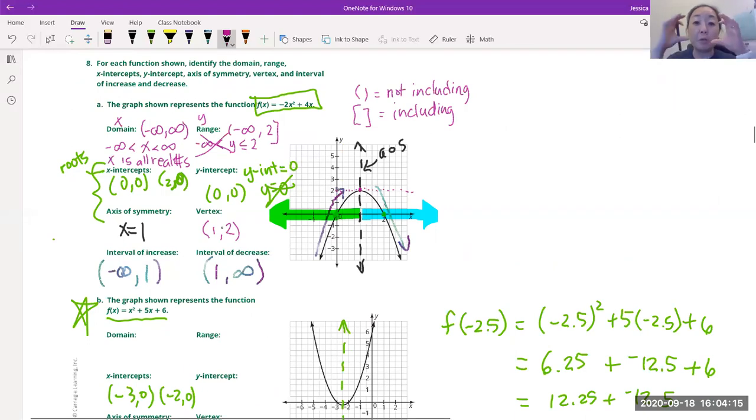The main ones I really want you to know are the x-intercepts, y-intercepts, axis of symmetry, and vertex. The other stuff is nice to know, and it'll be good for you to know right now, but please keep in your memory what those are. Domain and range we're always going to do with not just parabolas, but with other things, so make sure you pay attention to that. But these 4 are the key features that are going to help you graph the parabola.